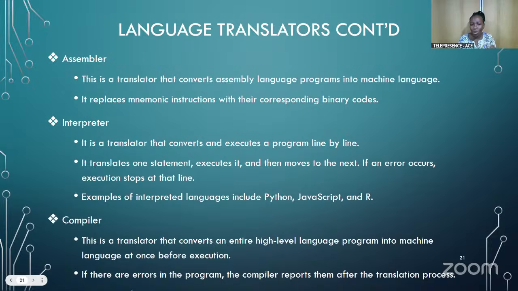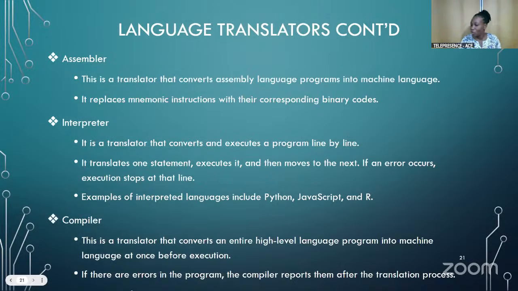An interpreter will convert and execute a program line by line. So when it meets an error, it stops. All right. Examples of interpreted languages include Python, JavaScript, and R. Now we also have the compiler. This is a translator that converts an entire high-level language program into machine language at once before execution. It goes through the code, runs through it and checks from the beginning to the end.